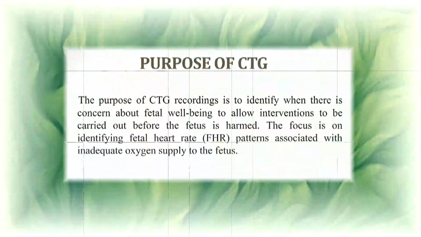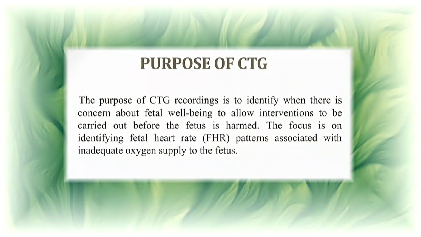So when the mother is in the labor room, in the intranatal period, we usually check the CTG during the first stage of labor. Usually the duration of CTG will be 30 minutes. During the CTG, we always prefer the mother to be in left lateral position in order to prevent vena cava compression.